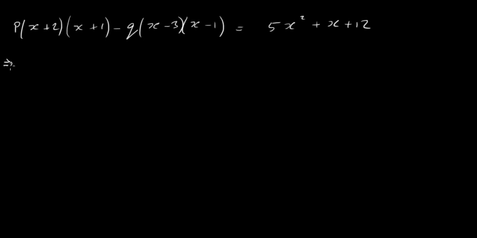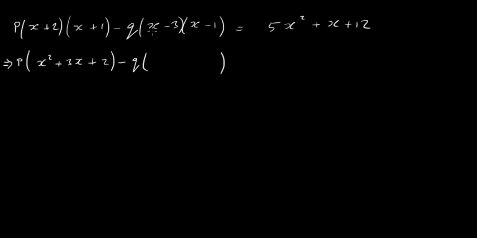So what I'm going to do here is leave that p alone, and I'm just going to multiply these two bits out. If I multiply these two out, I get x squared plus 2x plus 1x, that's going to be plus 3x, and then the 2 times 1 gives me plus 2 here. Here I'm not going to do anything with the q yet, I'm just going to multiply out these two brackets.